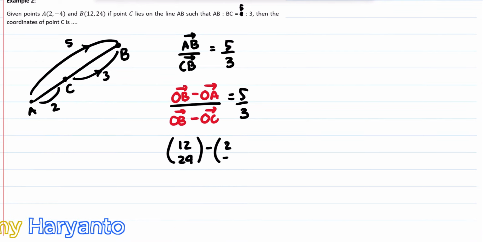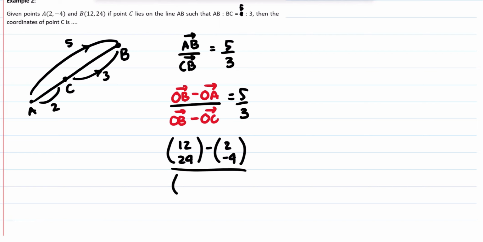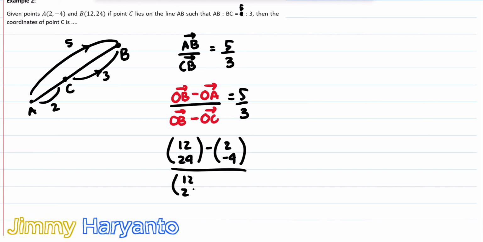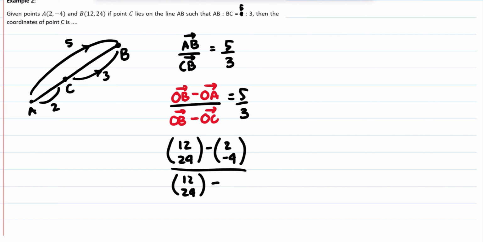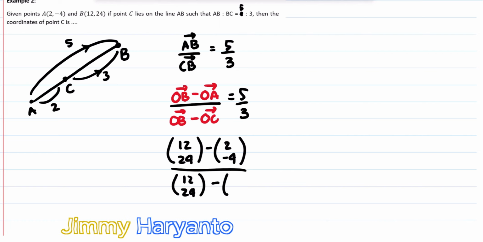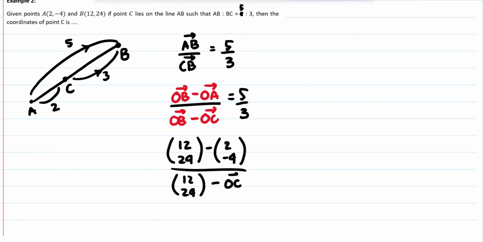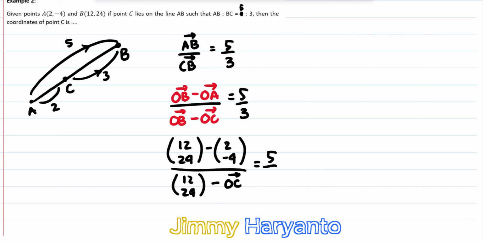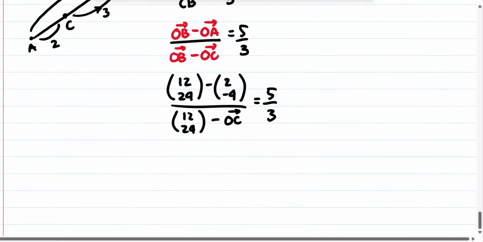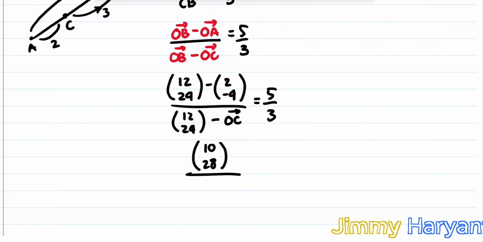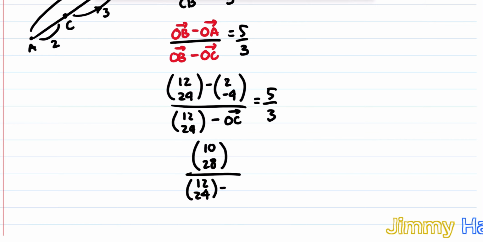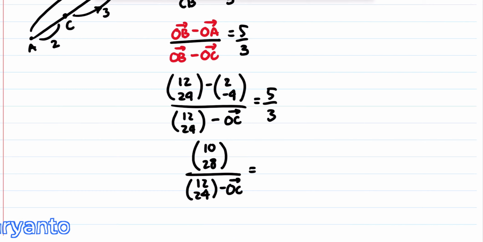OA is 2 and negative 4 over OB is 12 and 24 minus OC. OC we don't know yet, so we'll leave it like that, equals 5 over 3. And then let's simplify it. 10 and 28. This one is still 12 and 24 minus OC, and then 5 over 3. And then do the algebra.